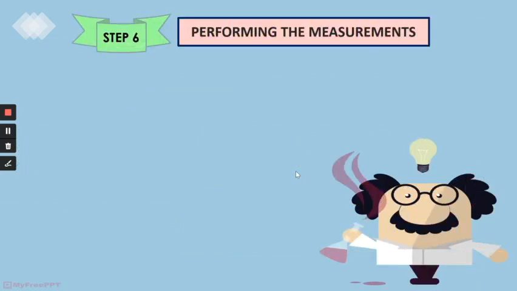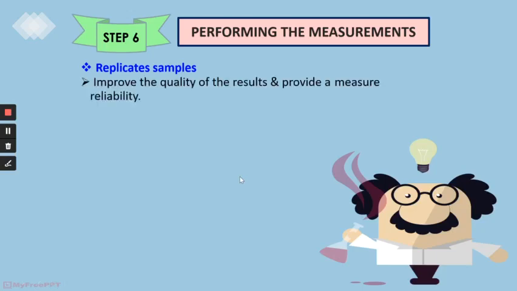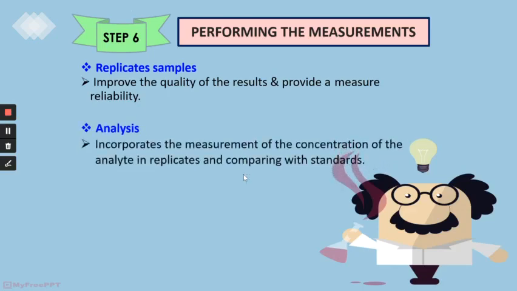Step 6, performing the measurement. For performing the measurement, you must replicate your sample. It will improve the quality of the result and provide a measure of reliability. For analysis, incorporate the measurement of the concentration of the analyte in replicates and compare with the standard.